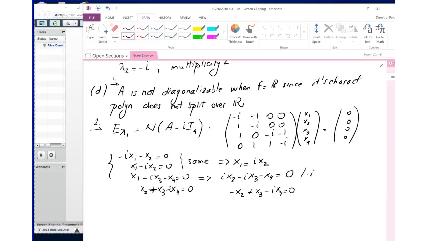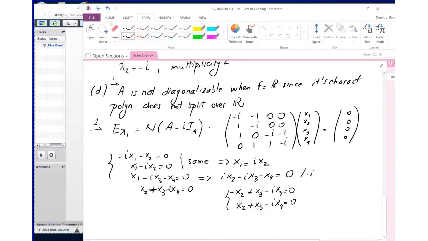Computational mistake I made. Well, okay. So if you multiply that one by i, you get negative x2 plus x3 minus i x4. And the last equation says that x2 plus x3 minus i x4 is 0, right?